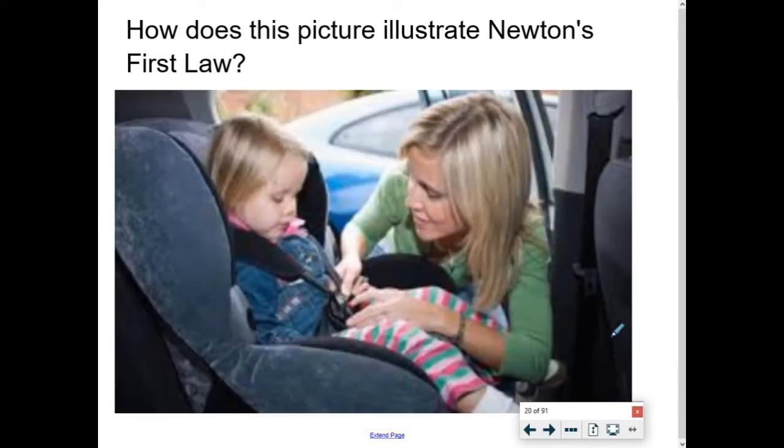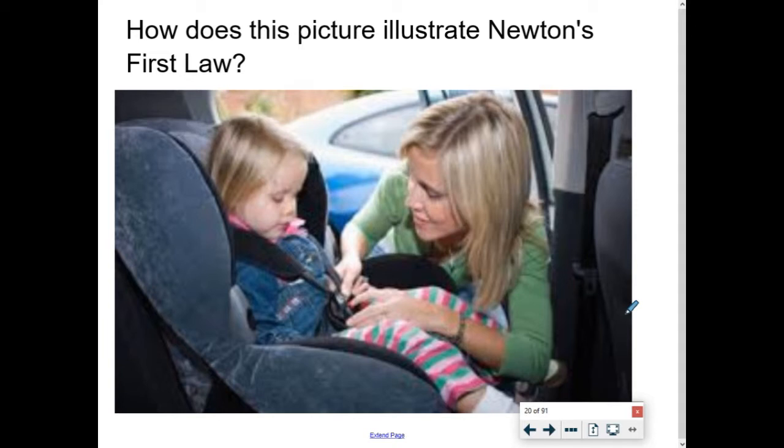Let's keep going. Here's another picture. How does this illustrate Newton's law? Why are seatbelts so important? Because you don't fly forward out of your seat. Because you are driving in a car, or a little child is driving in a car. Therefore, you're moving. Let's say the car stops. Well, if you're not attached to the car, you're going to keep moving.